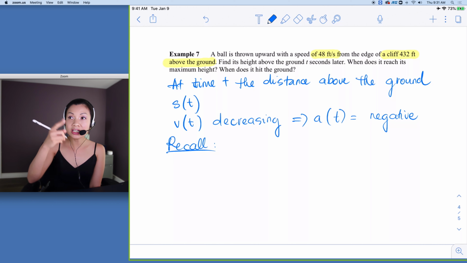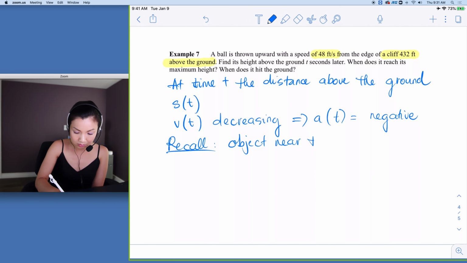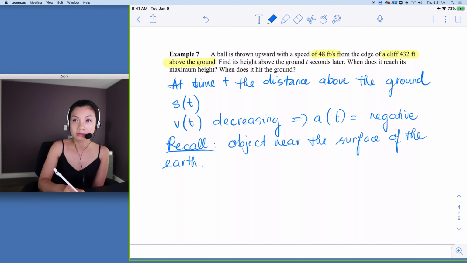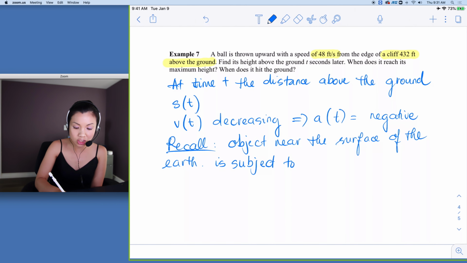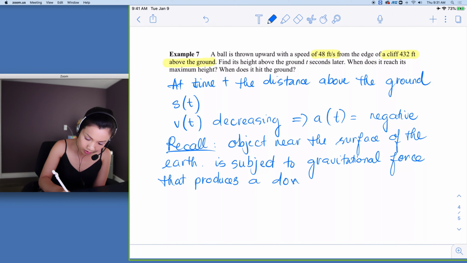Okay. So if we have an object near the surface of the earth, an object near the surface of the earth is subject to gravitational force that produces a downward acceleration.